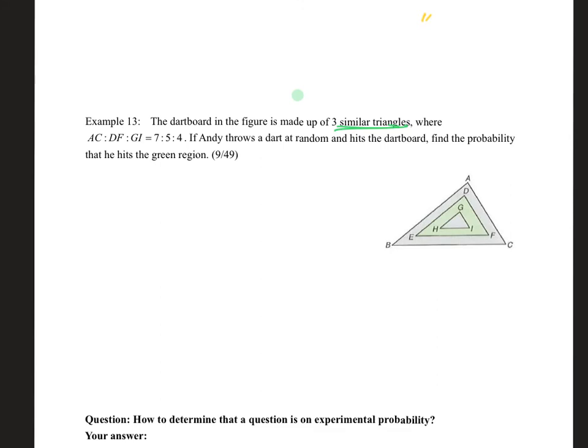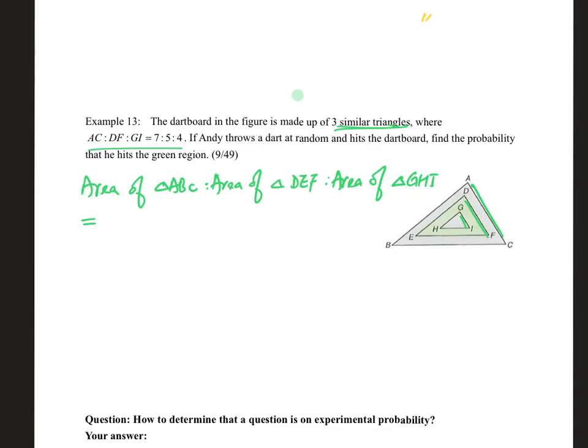Okay, first of all, you will see that ACDFGI, so the length of each triangle are 7, 5, and 3. So when you're talking about the area of the big one, triangle ABC, to the area of triangle DF, to the area of the last triangle, GHI, you remember how to get it according to the ratio of lengths.